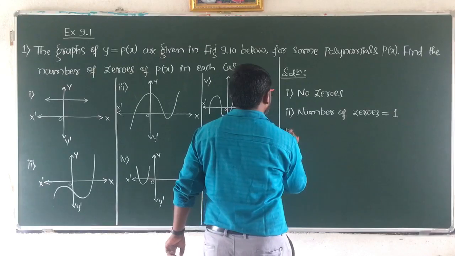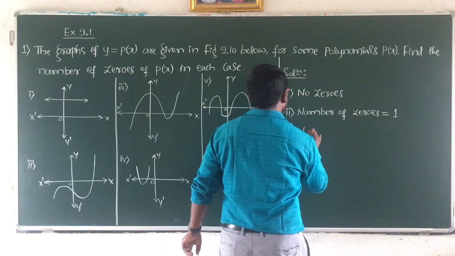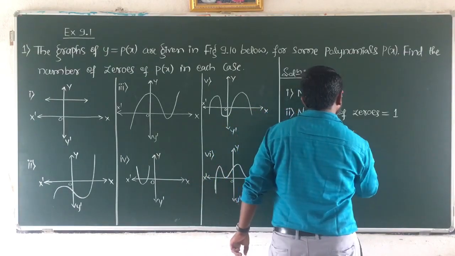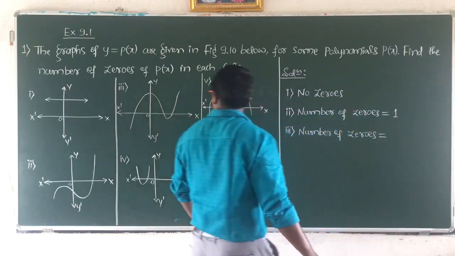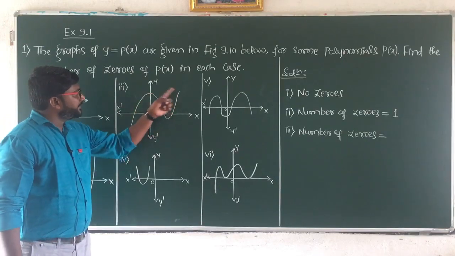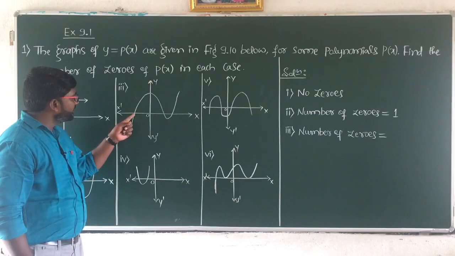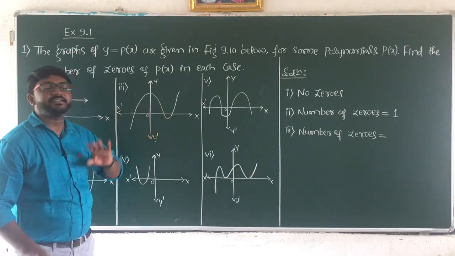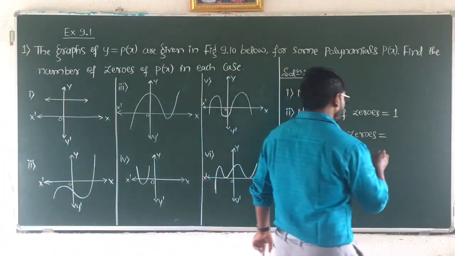Now I will go for the Roman number 3. So see the Roman number 3 here. So here this graph is intersecting the x axis at 3 points. So here, here and here. So at all the 3 points it is intersecting the x axis. That means it has got 3 zeros.